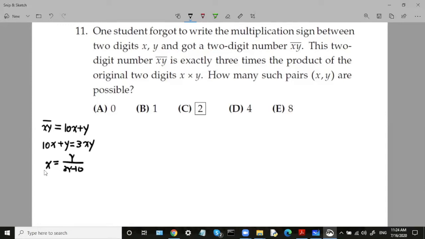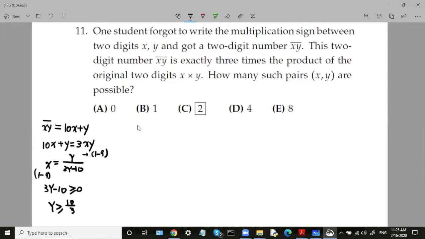So x and y are digits from 1 to 9. Then 3y minus 10 should be greater than or equal to 0. So we solve that: y should be greater than or equal to 10 over 3.